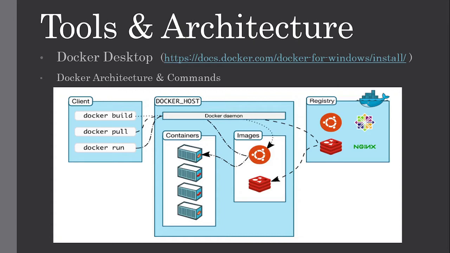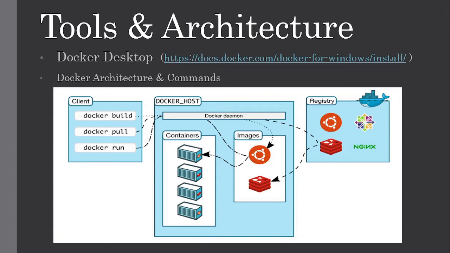When we look into the Docker architecture, it is a very simple architecture, a very basic overview that I'm going to give you here. You can just think of Docker registry as a collection of all the Docker images, where you can download any of your images on your host computer.